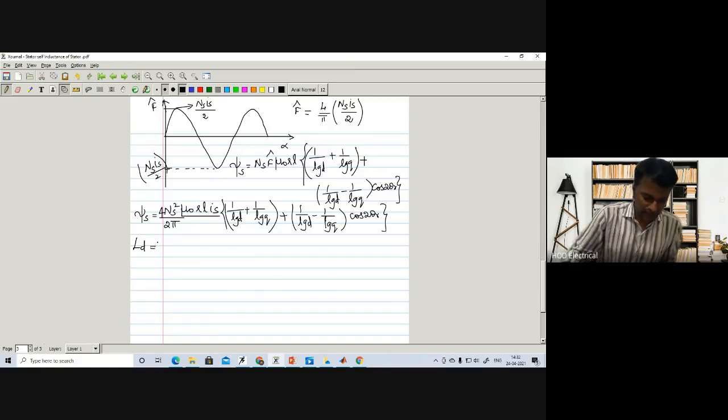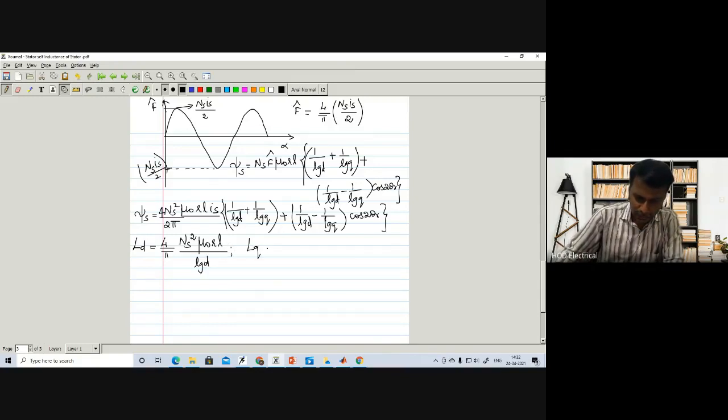Inductance LD is nothing but 4 by pi Ns square mu naught R L divided by LGD, then LQ equal to 4 by pi Ns square mu naught R L divided by LGQ.